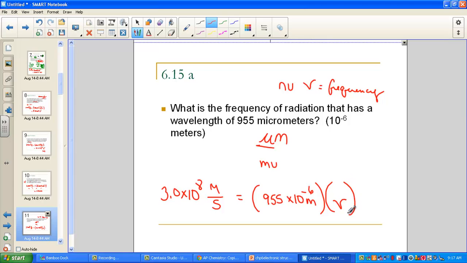When we solve for frequency, it will come to us in per second. 3E8 divided by 955 E -6. And did you find the same as I did? 3.14 times 10 to the 11th power per second.